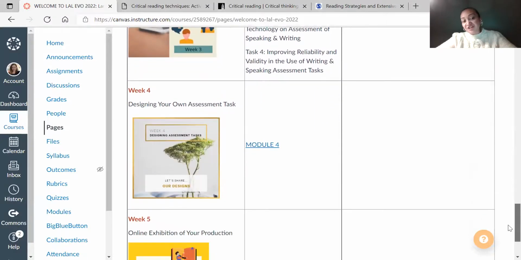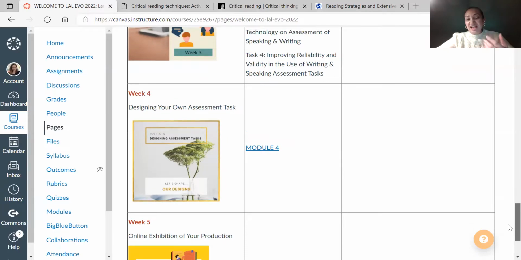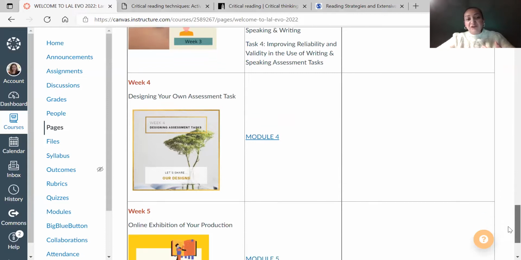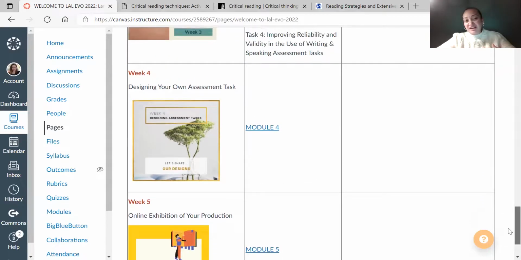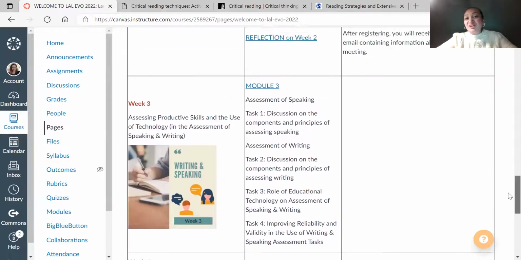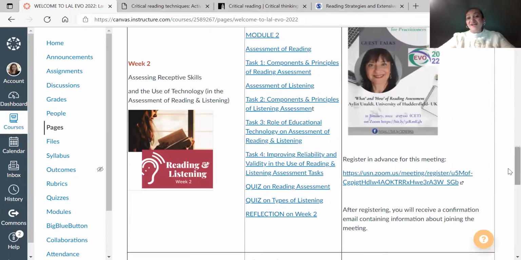But the week after, we will be designing our own assessment tasks, or maybe bringing our own assessment tasks in our own educational context into the attention of other colleagues from all around the world. So in weeks 4 and 5, we'll be sharing, and it would be very interesting to see, maybe cross-textual reading tasks or whatever our community is preparing.